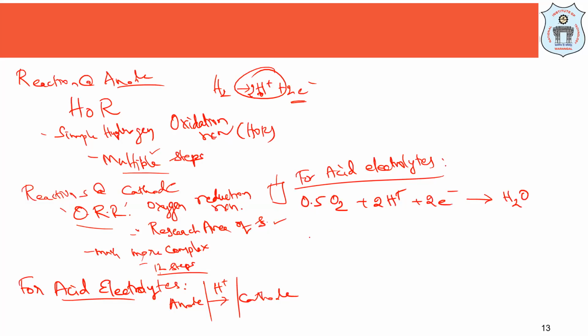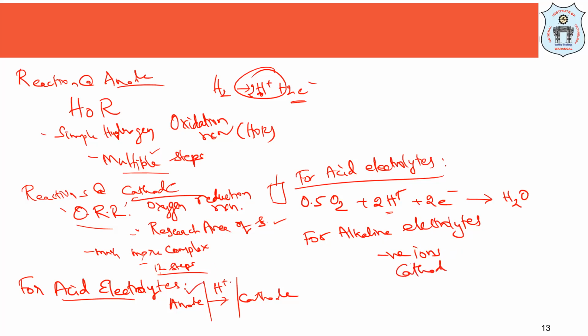Whereas for alkaline electrolytes, negative ions will be moving from the cathode to the anode. Anions move from the negative electrode side.